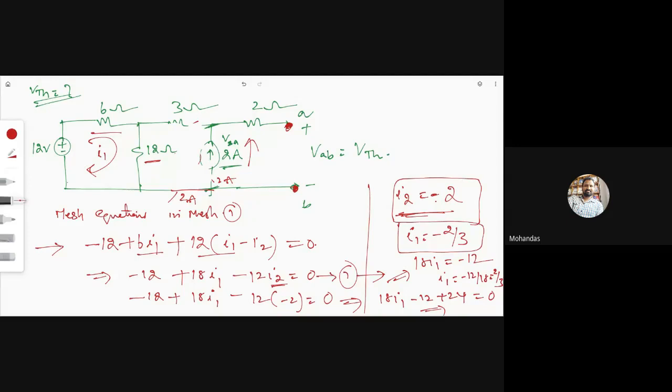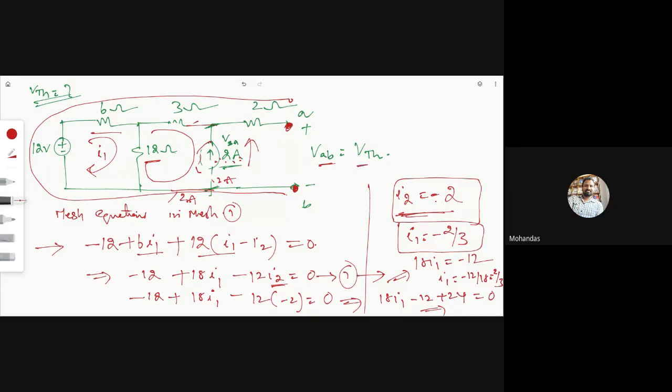If you take this loop, we can write the VAB voltage, and we can also take this mesh to calculate the voltage across the 2 ampere source. Once we get that voltage, it is the same as the VThevenin.